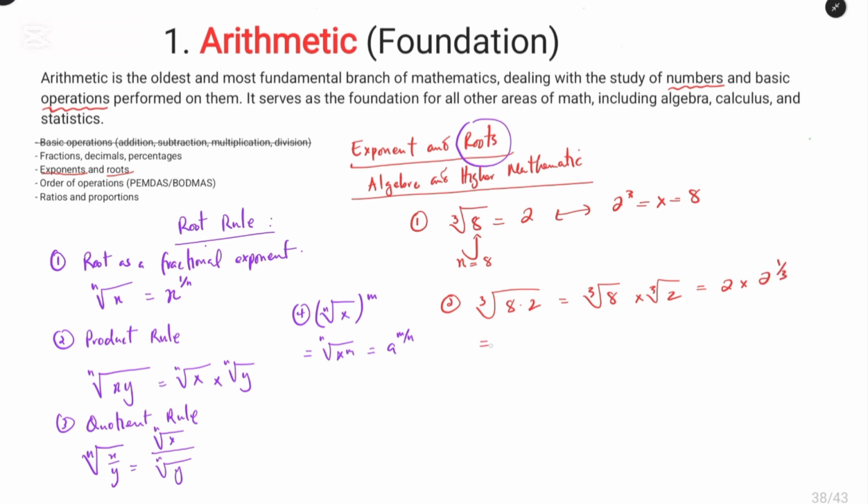Now we can use the exponential rule of a to the power n times a to the power m, since they have the same base. Now we will have 2 to the power 1 plus 1/3, which gives us 2 to the power 4/3, which should give us 2.5198 as our answer. Or we can say the cube root of 16 will also give us 2.5198 as our answer.